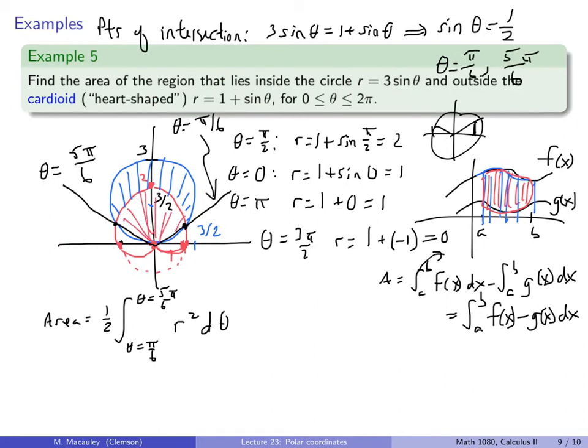So maybe I want to write this as, so we want to take this entire blue area and subtract off the red area. So I'm going to write this as 1/2, pi over 6, 5 pi over 6.